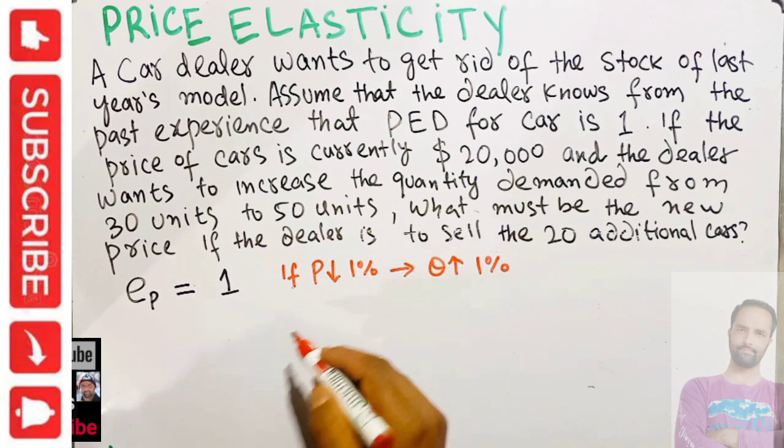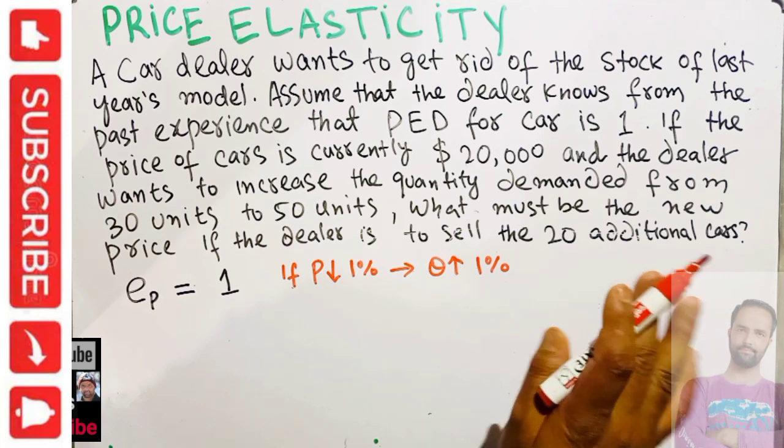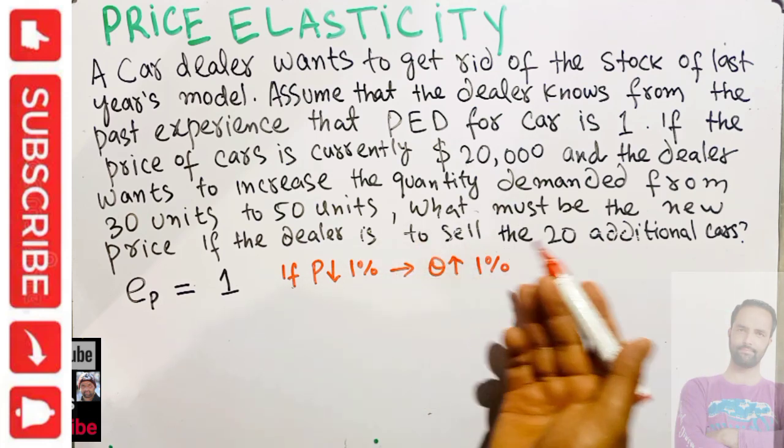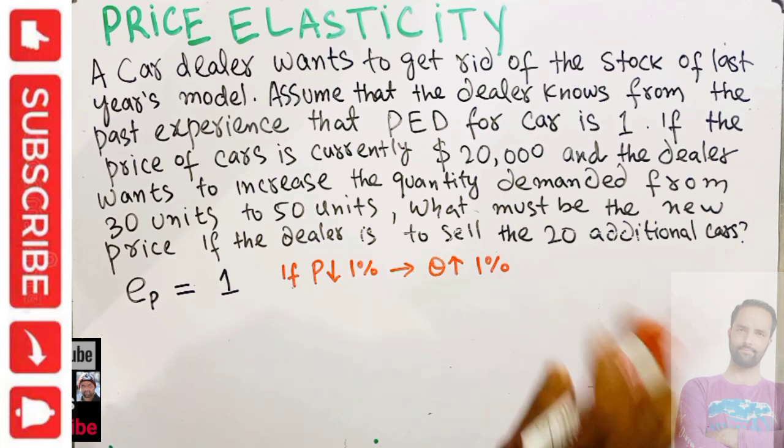So there is a one-to-one negative relationship between price and quantity demanded, and its reciprocal is also true. That means if price increases by 1%, quantity demanded will decrease by 1%.